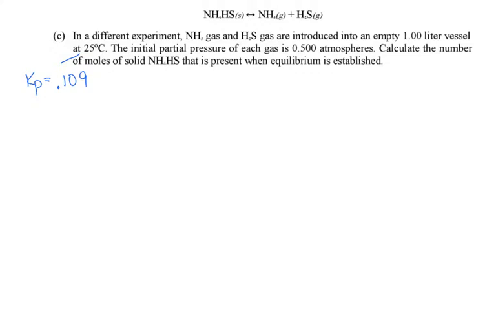And excuse me, the initial partial pressure of each gas is 0.5 atmospheres. So we know that when we set up our ice chart, and I'm just going to ignore this left side, that the partial pressure initially is 0.5 atmospheres. And the change is going to be minus x, because now we're starting out with these substances and none of the solid.